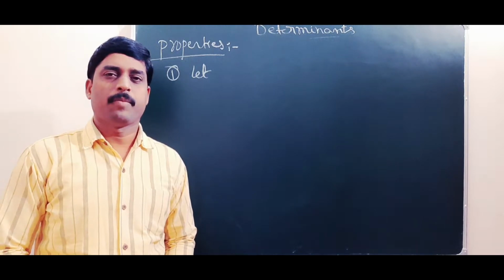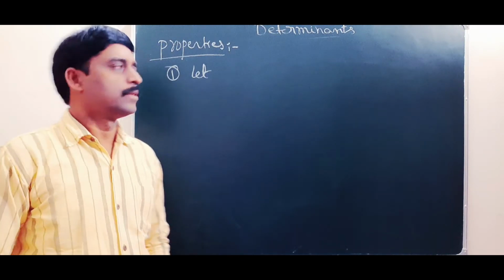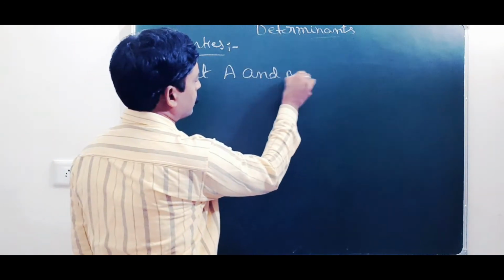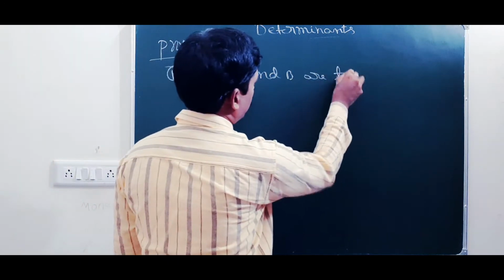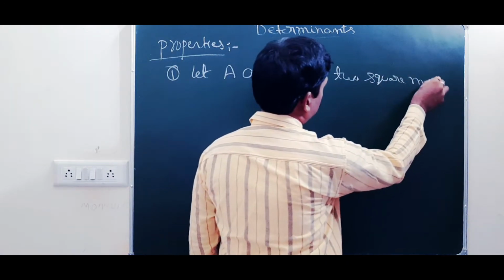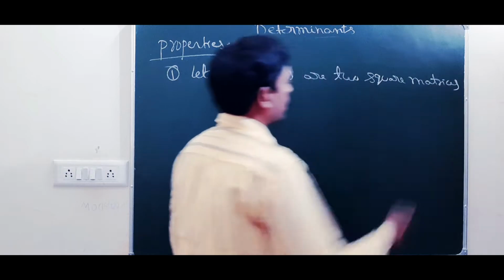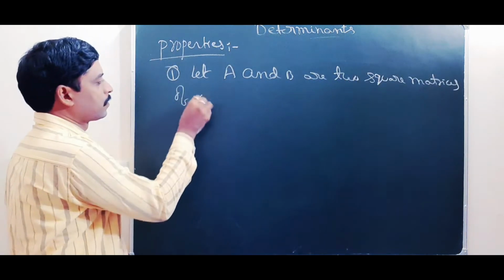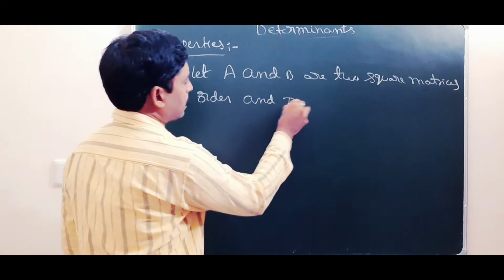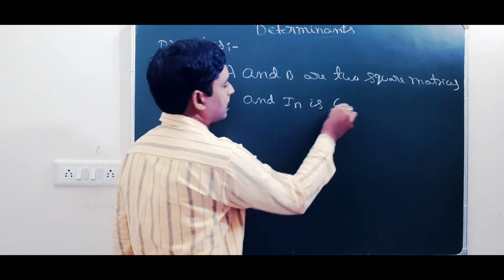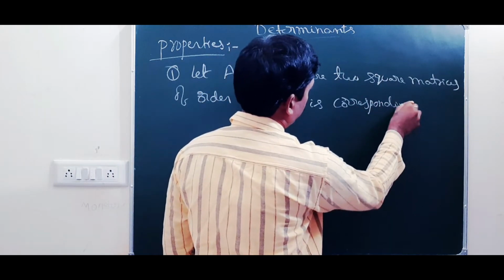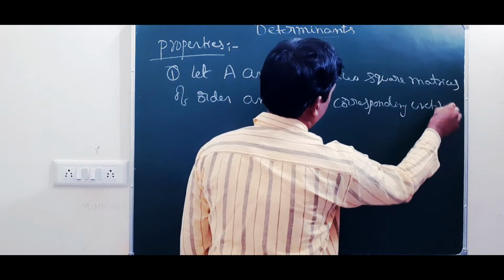Now let me explain the properties of the adjoint of a matrix. Let A and B be two square matrices of order n, and In the corresponding unit matrix.